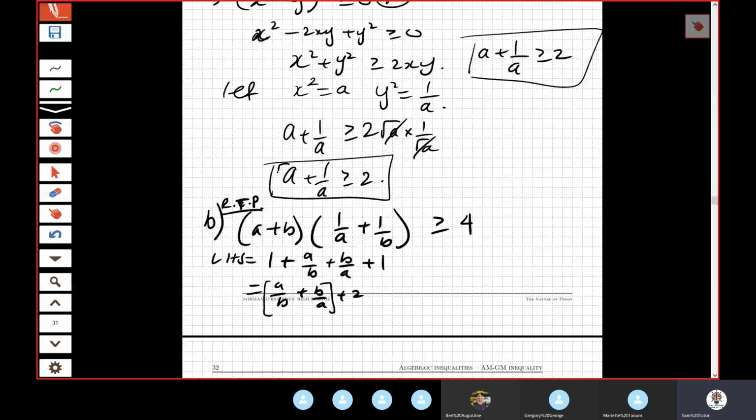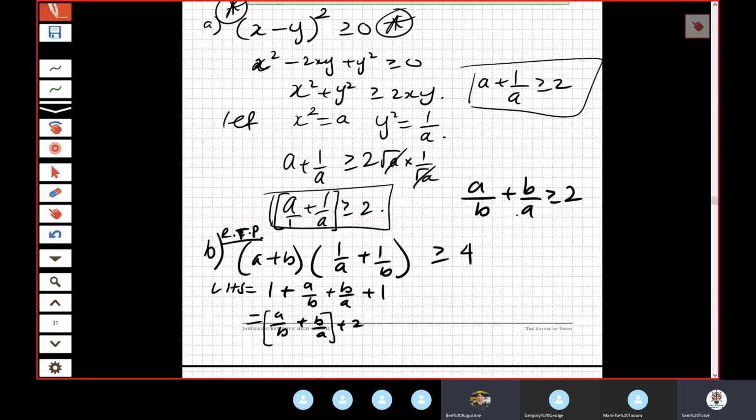This actually is this. Can you see how that is that? Isn't this over 1? So can't you conclude that a/b + b/a is also greater than or equal to 2? And plus 2 is 4.